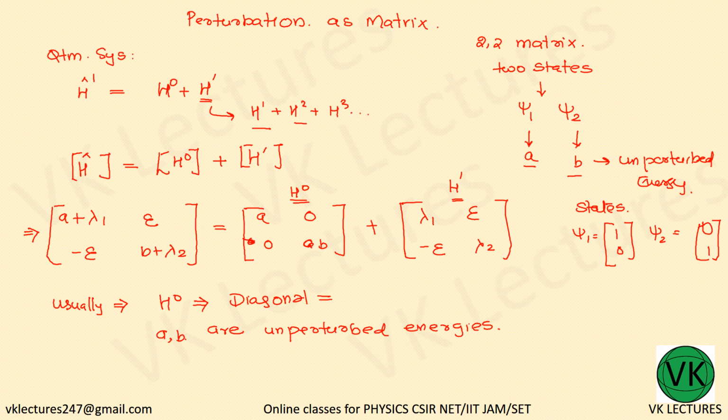Okay, so psi 1 is 1 0 and psi 2 is 0 1. So this is the eigenstate. A and B are the eigenvalues for that particular diagonal perturbed Hamiltonian. Okay.